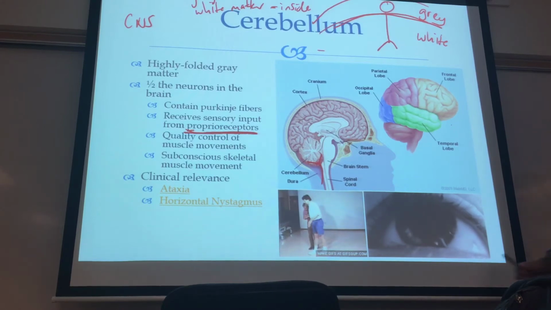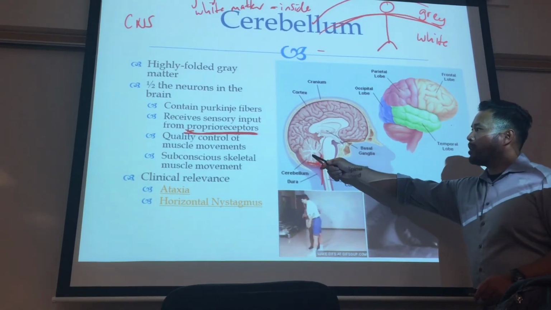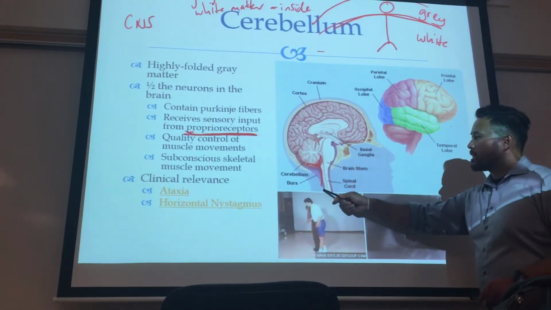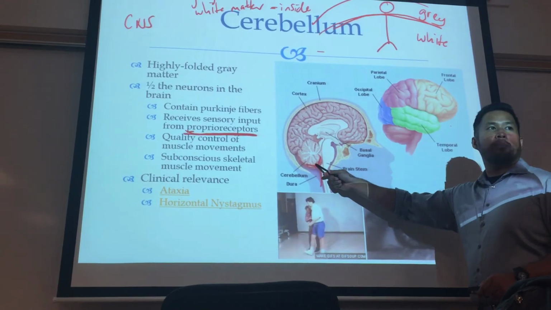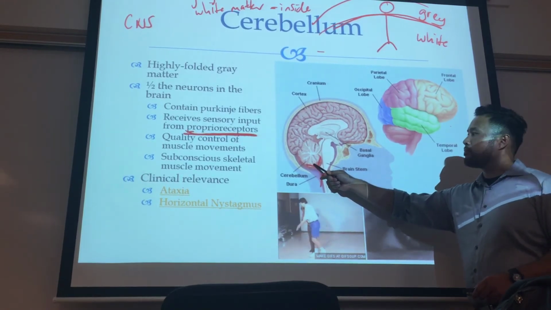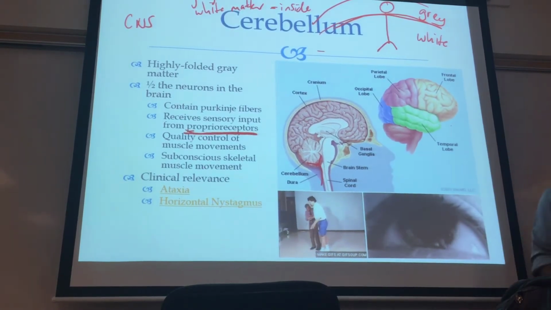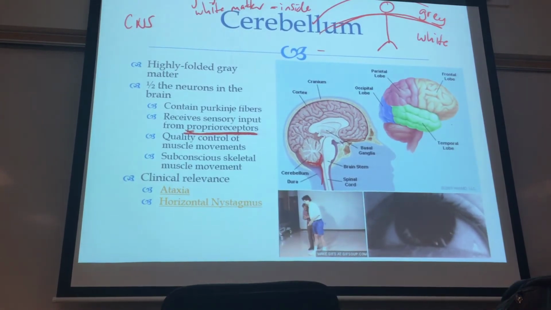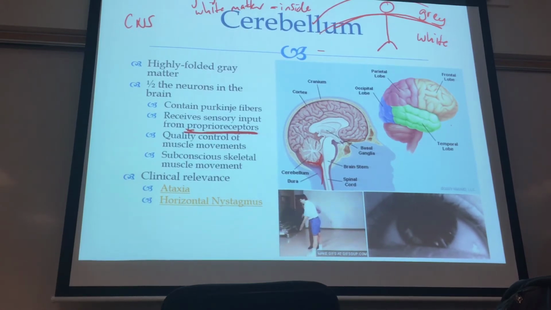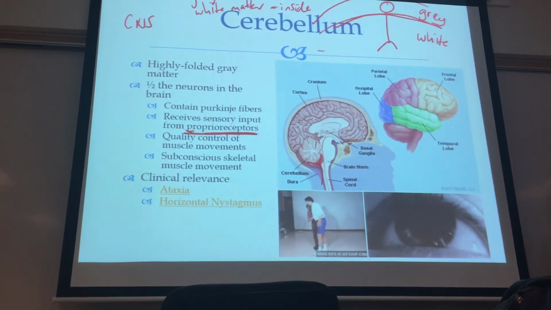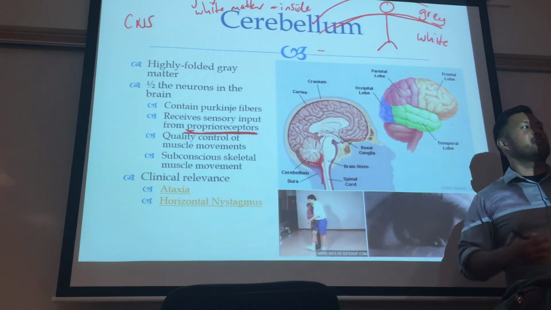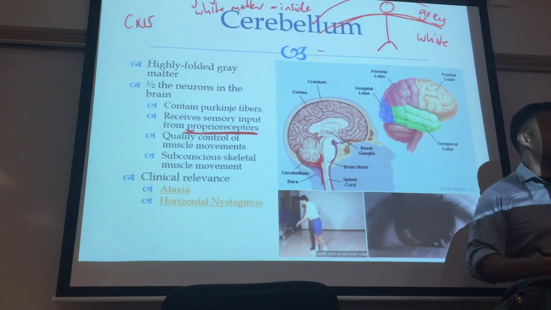And then, on an efferent pathway, it's going to help. If sensory information is saying, this is what I'm actually doing, the cerebellum's going to say, this is what you should be doing. Okay? So what it's really doing is helping maintain quality control. And it helps balance the intended movement versus what's actually happening.